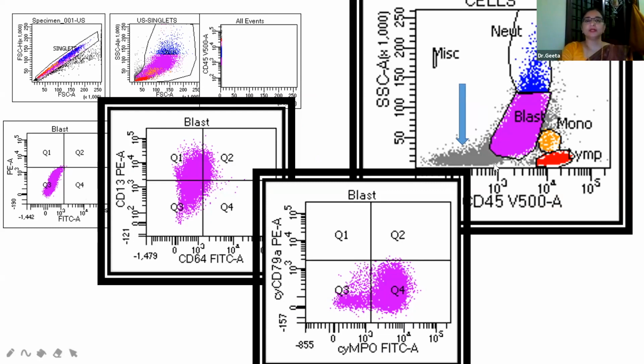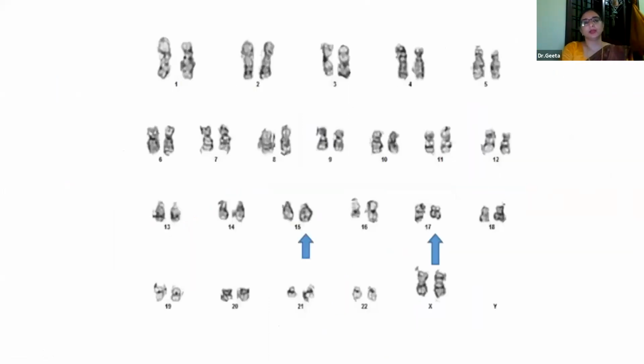However, when we look at the CD45 plot, there are hardly any cells in the blast gate. Rather, most of the cells are going up because they have a high side scatter. So whenever we suspect APML, do not stay in the blast gate or the progenitor area; extend to the high side scatter area.